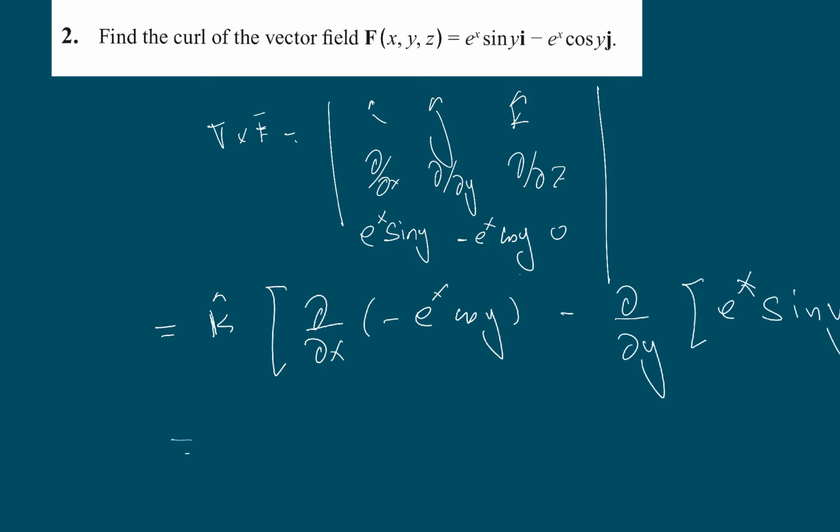And what is that? The k component will be the partial derivative of e to the x, which is e to the x cosine of y, minus the partial derivative with respect to y, which is e to the x times the partial derivative with respect to y of sine of y, which is cosine of y.